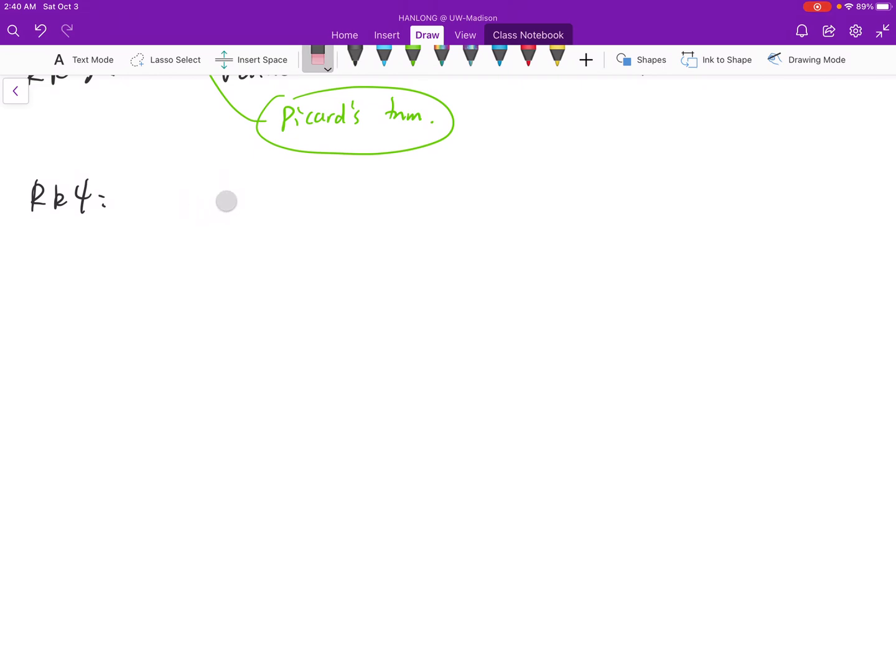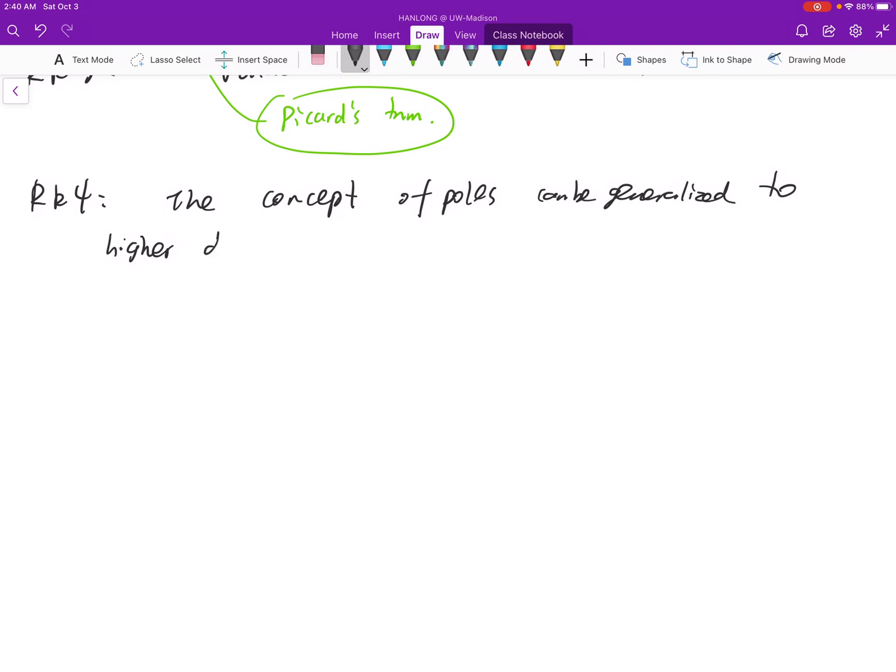Generalized to high dimension means a function involving more than one complex variable. So you can think about how to generalize it. Later on, in a moment, when we define meromorphic functions, I will tell you.